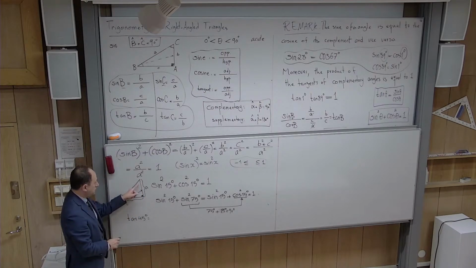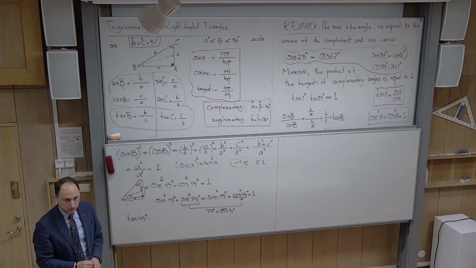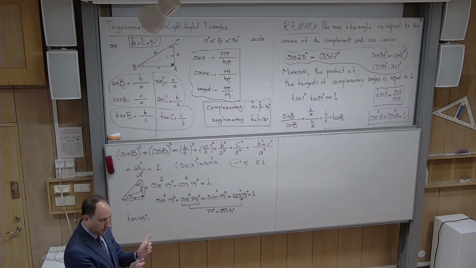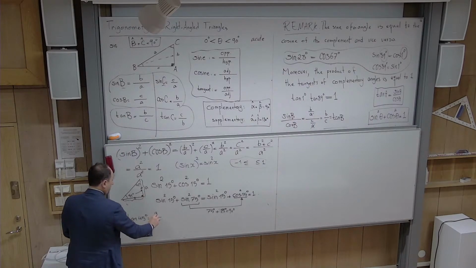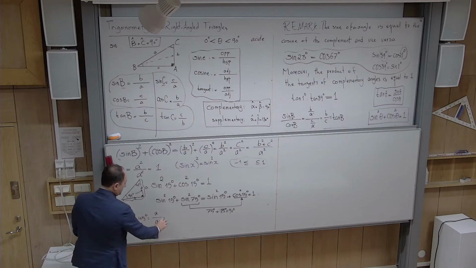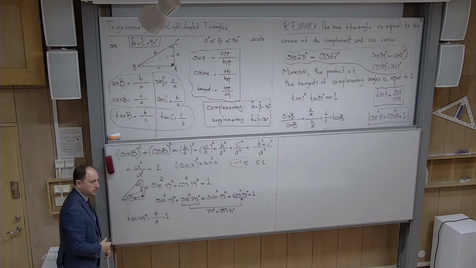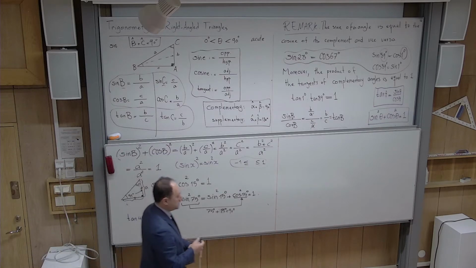So how much is that? It's also 45. So this means that this length and that length should be the same because that's an isosceles triangle. The sides are equal. So tangent becomes equal to A divided by this one, which is also A. So the tangent of 45 is how much? Is 1.